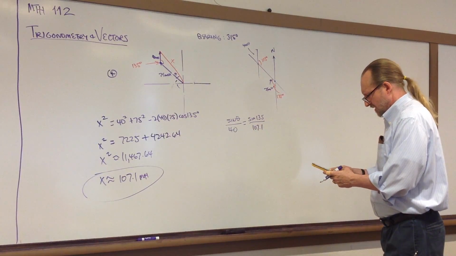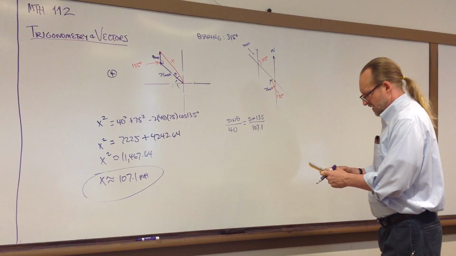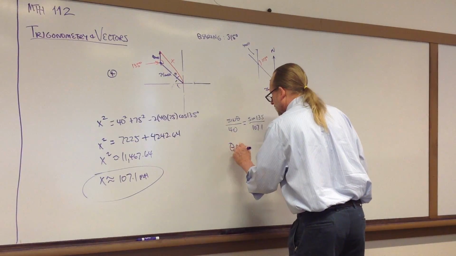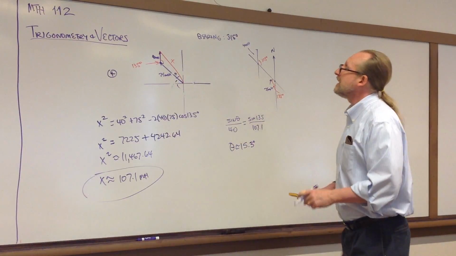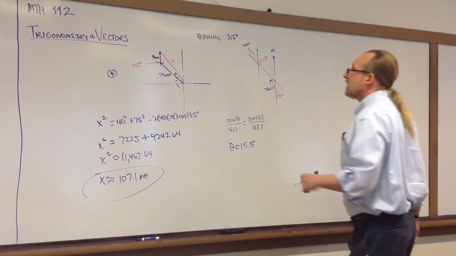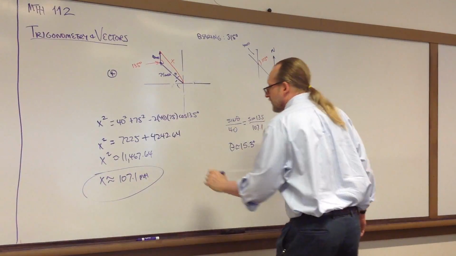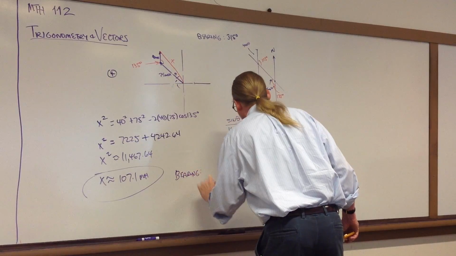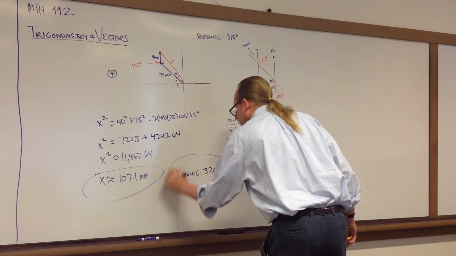Sine 135 divided by 107.1 times 40. And then take the inverse sine there. And we find out that theta is about 15.3 degrees. In addition to the 315 that was the original bearing, or the desired flight path. And so that's going to make the actual bearing for this ultralight aircraft 330.3 degrees.